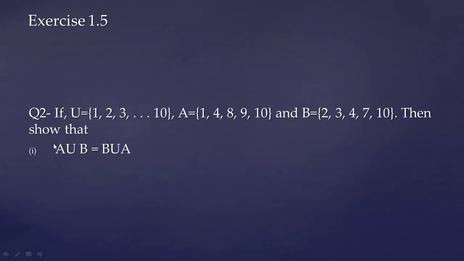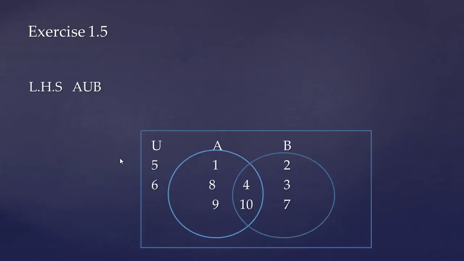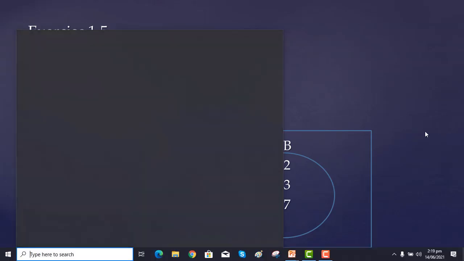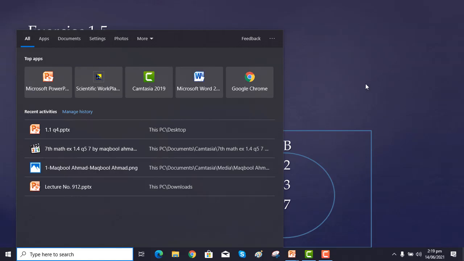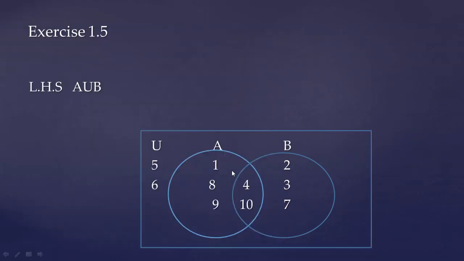Then we have to show that A union B is equal to B union A. For A union B, we can see the given values show overlapping sets. By the given values, we draw the figure.